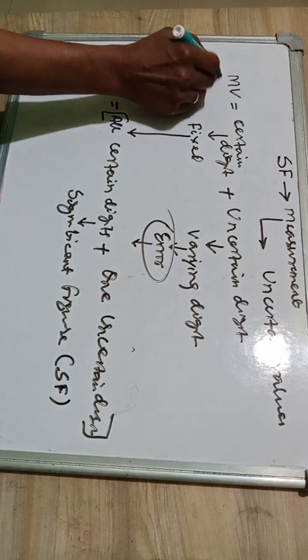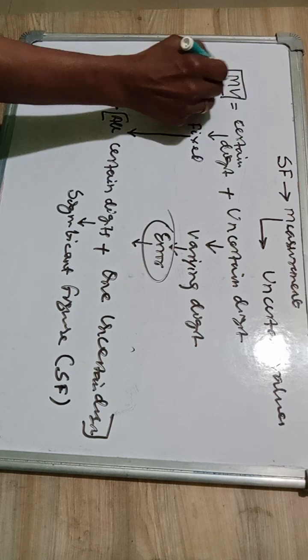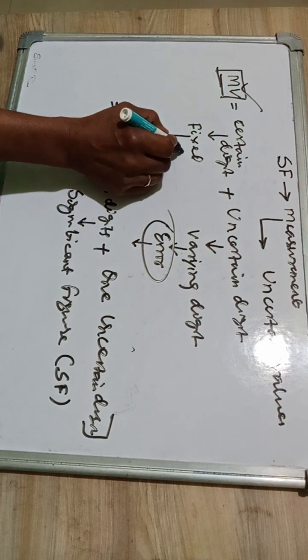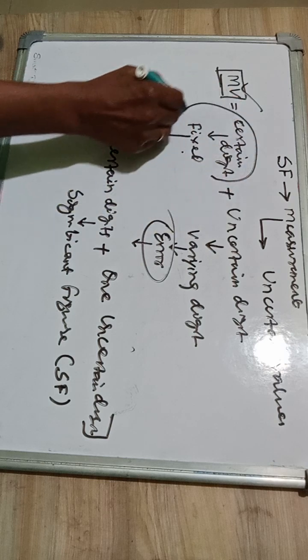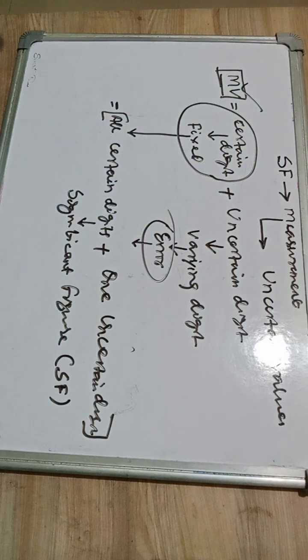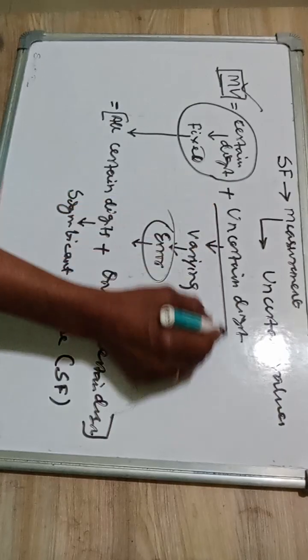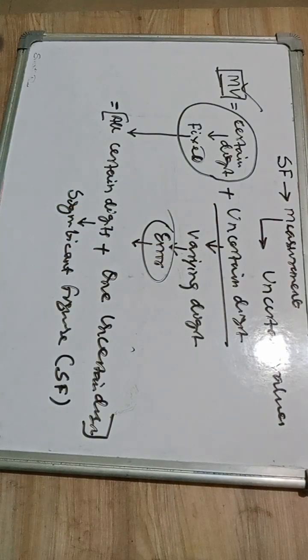Now it is clear that for every measured value, while we do any measurement for any physical quantity, we'll get some result. In that result, we'll get certain fixed digits, along with some uncertain or varying digits. In each measurement, this uncertain digit will vary.